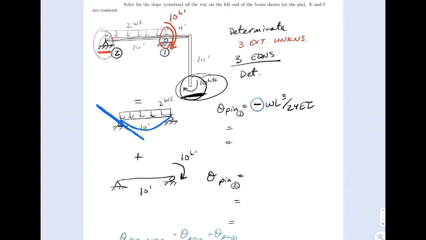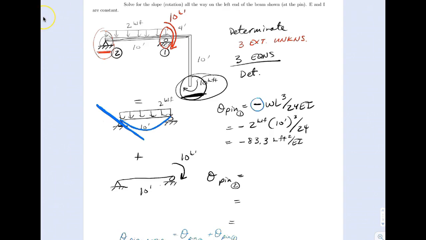So I'm going to use negative WL cubed over 24EI, and plug in the values: 2 for W, L is 10. E and I are constant, so they will carry along in the problem. So there's my answer for theta at the pin in structure 1.